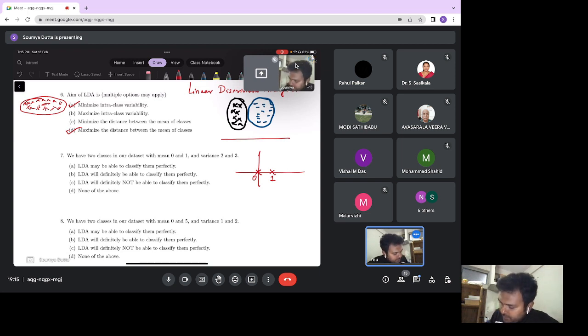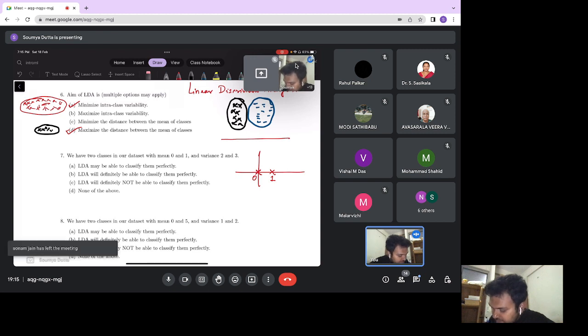Similarly, your class distribution may also look like this. So suppose you have the same number of points in the black ellipse as well as in the red ellipse, but the intra-class variability is much less in the black case than in the red case. Okay, is it clear now?